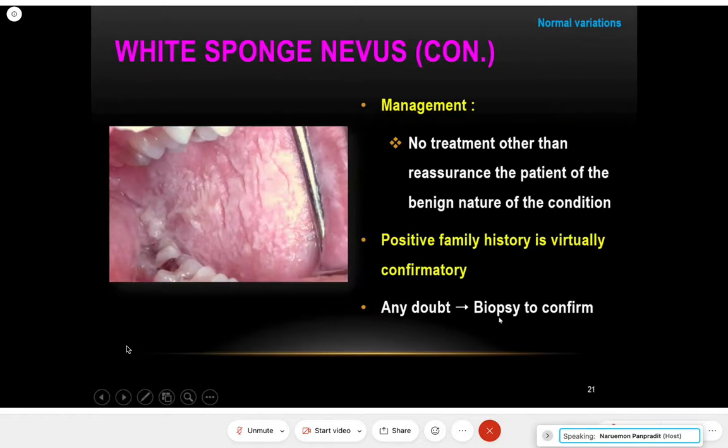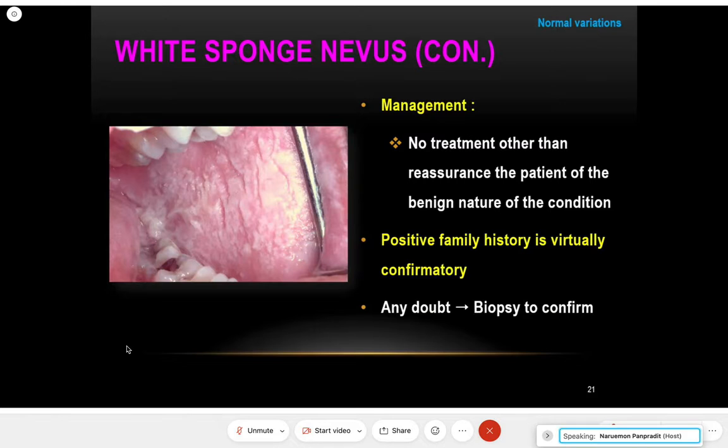How to manage? Because it is a normal variation, we just explain to the patient that it's normal variation, not a disease, and no treatment is needed. So, reassure. The most important part is to ask whether the patient can report a positive family history, because it's autosomal dominant, so some of the family may have this lesion, but the patient may or may not know.